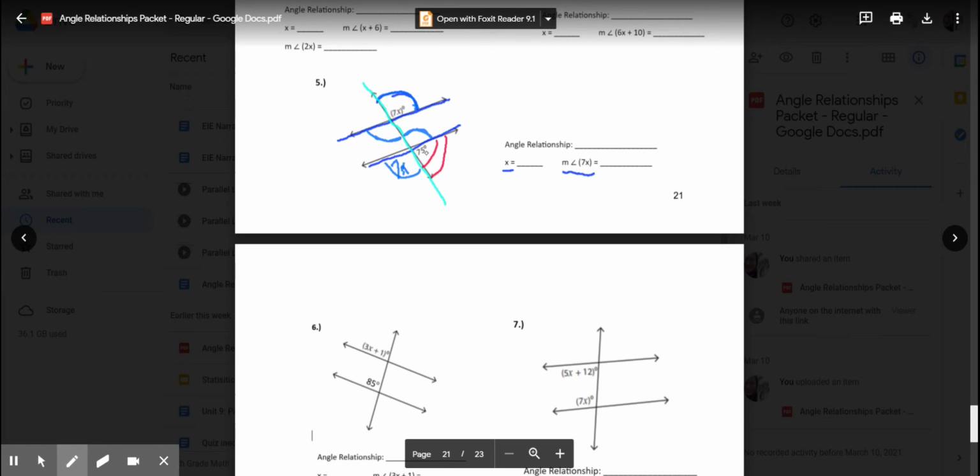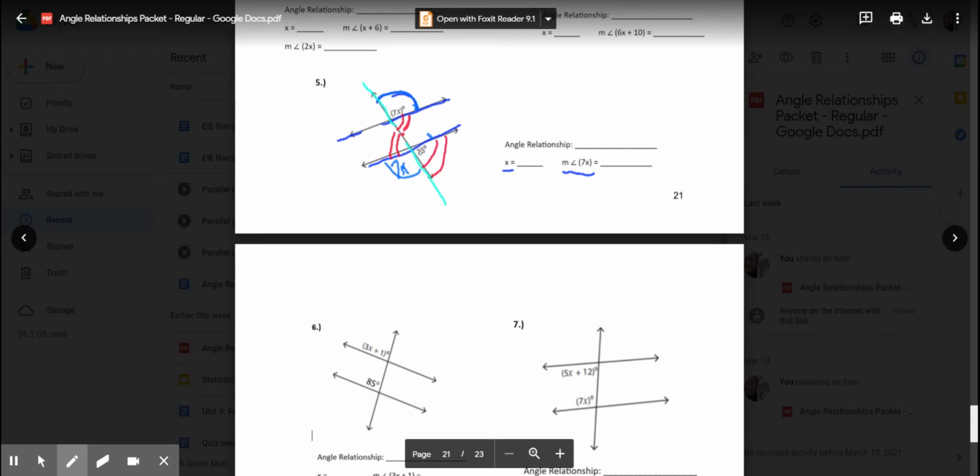And that 75 degrees would be equal to, let me get less of this mess here. The 75 degrees is vertical here, so this right here would be 75 degrees. This 75 degrees is corresponding to this angle down here, so that would be 75 degrees.